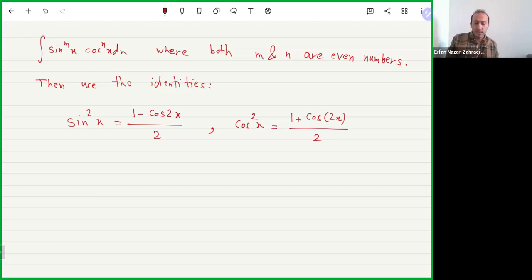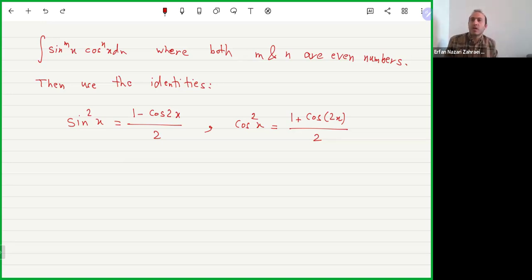So you need to use these identities. You need to use them repeatedly. For example, if one of the exponent is 12, 12 is even number. So every time you use this, it's like you make the exponent roughly half. So it becomes 12 divided 2, it becomes 6. 6 divided 2 becomes 3.